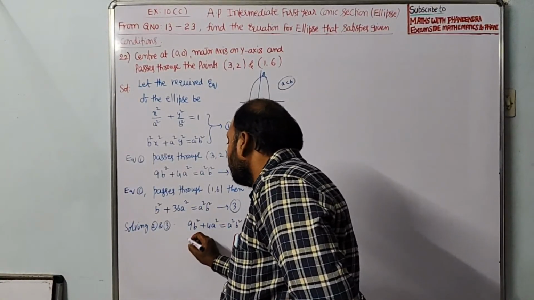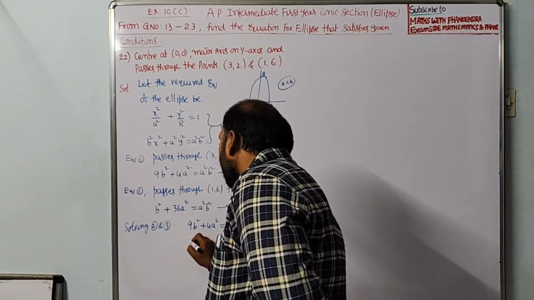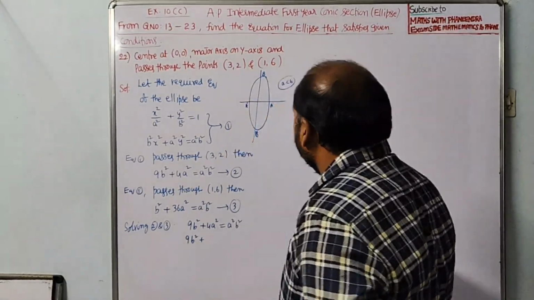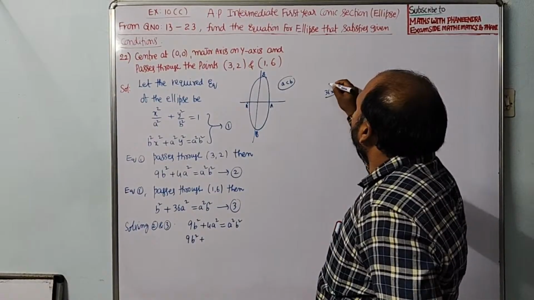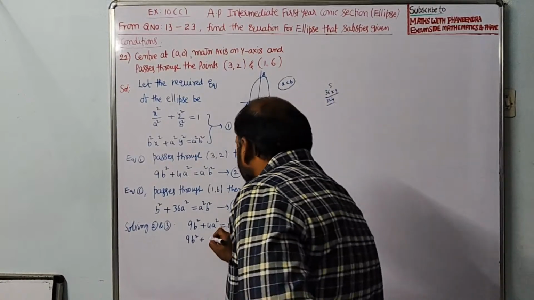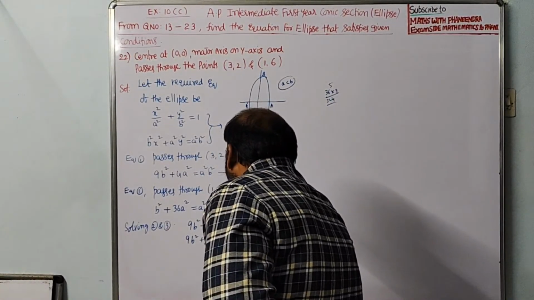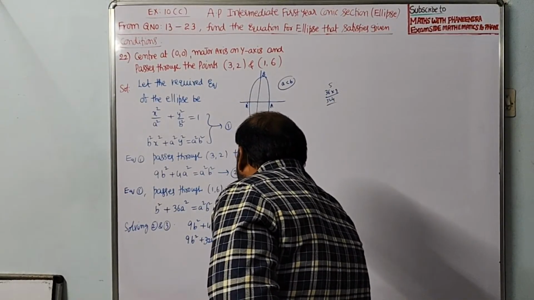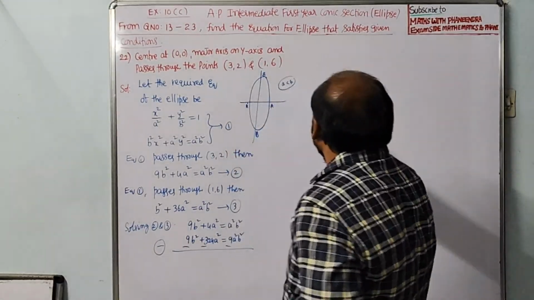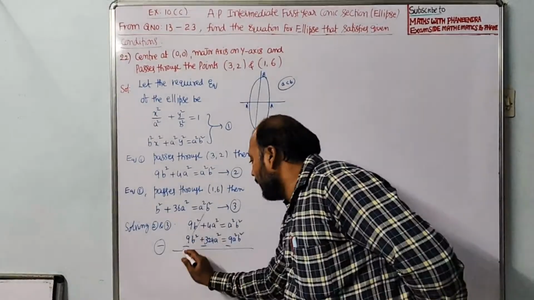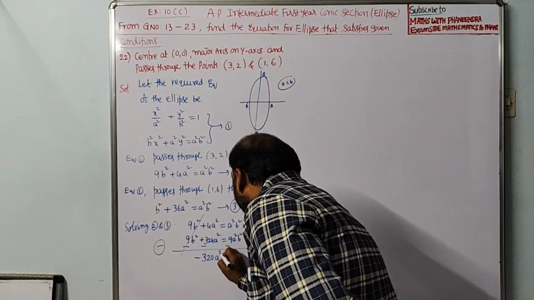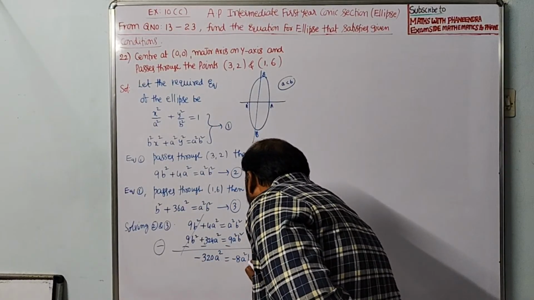The third equation, multiplying by 9: 9b square plus 36 into 9, 324a square is equal to 9a square b square. So we are subtracting one equation from the other, minus, minus, minus. So these two will be cancelled. If you subtract, minus 320a square is equal to minus 8a square b square.